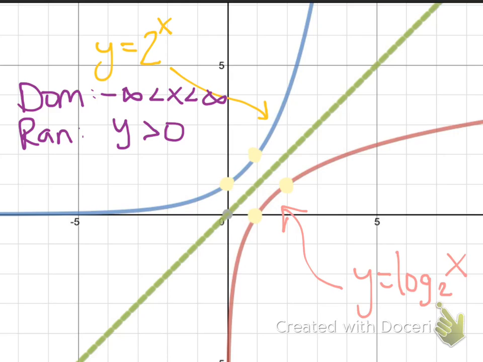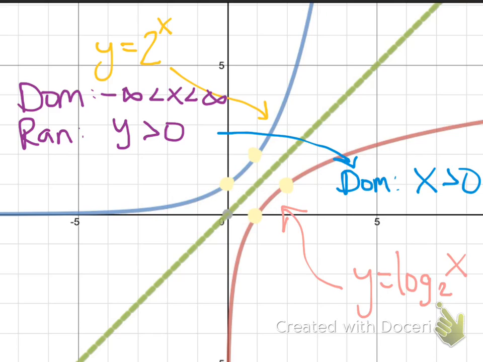Well, similarly for the log graph, the inverse, I can write the domain and range. The domain has to come from the range of the exponential, so now it's going to be x greater than 0. And that makes sense. If I look at my graph, the red graph never does go to the left of the y-axis, never has x values that are negative, never even has x values that are 0.